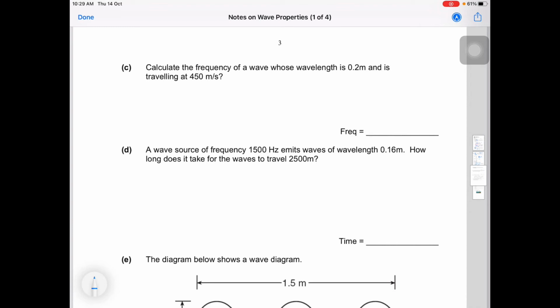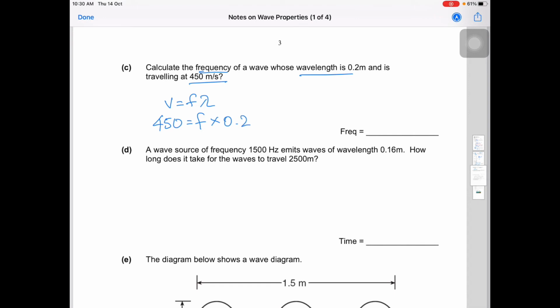So I hope you did try it yourself and not just carry on watching. Let's look at how we solve question C here. Frequency is the unknown, wavelength is given, speed is given. So the formula that I'm thinking of is V equals F lambda. V is 450. Frequency is the unknown. Lambda is 0.2 meters.